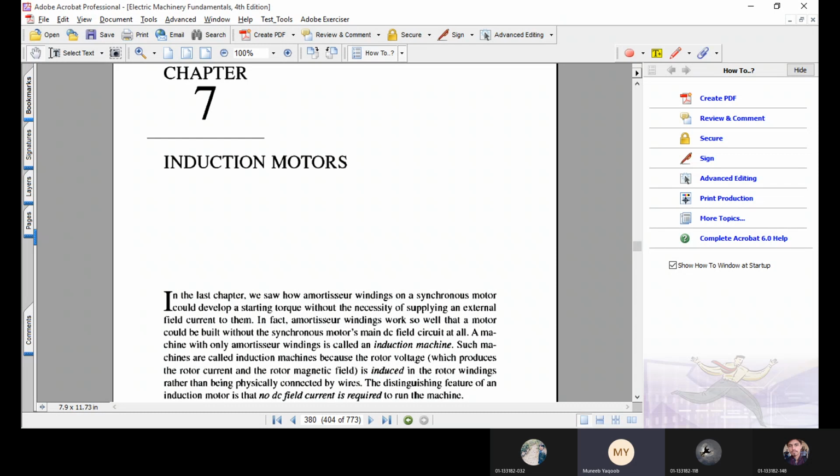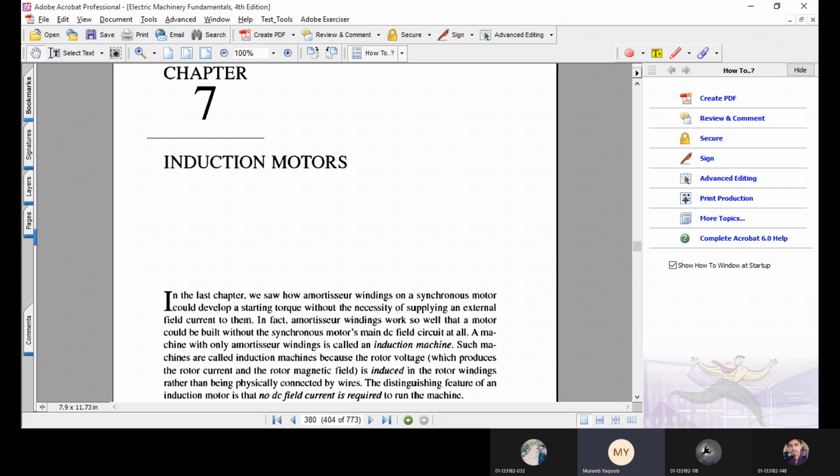Now what happens in an induction motor is that the stator is just like the stator of the synchronous motor. There is nothing different.